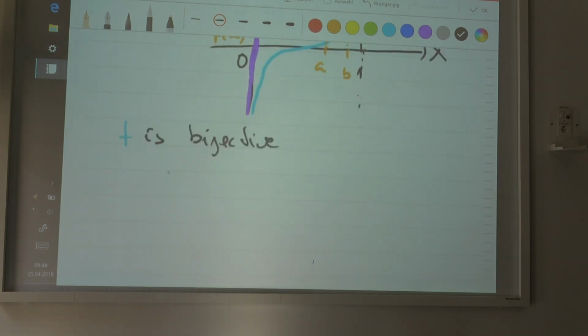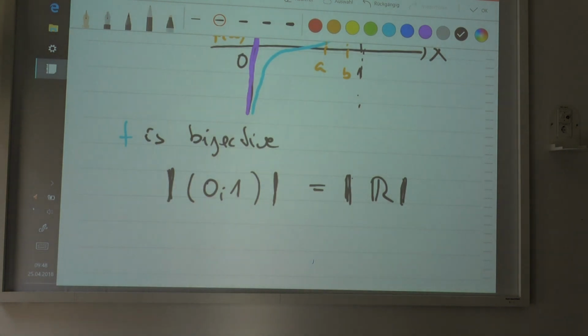Now that means what? That means that the cardinality of this interval of real numbers between 0 and 1 is just as large as the cardinality of the set of real numbers in total. This means, guys, that there are just as many real numbers between 0 and 1 as between minus and plus infinity.